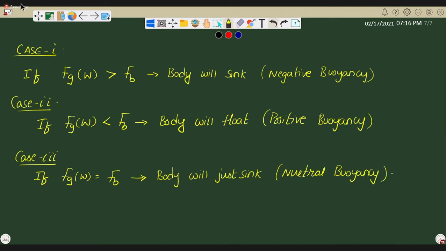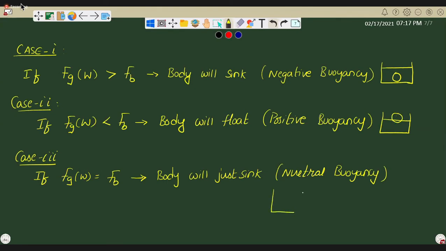Understood? So, see, if you take a body, if this is your liquid, negative buoyancy, that means Fg is greater than Fb, so your body will be like this. And if you're talking about case 2, that is positive buoyancy, something like this.